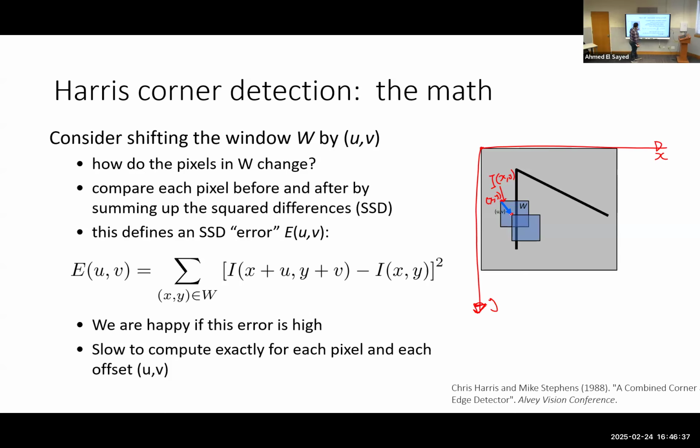So this point is nothing but x plus u and y plus v. And the new window that I have in this place will be I of x plus u, y plus v.